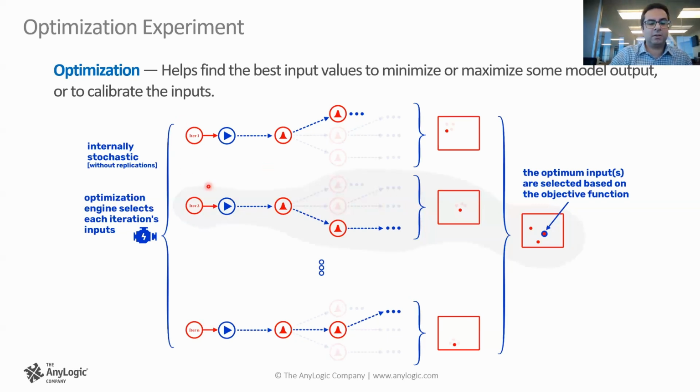So these are not going to be exhaustive. It's not going to try every single combination, because that's probably in most cases infeasible, and that's not what we want to do. So the whole purpose of this optimization engine is to be smart and choose these iterations or input parameters in a way that can find the optimum result in the lowest number of iterations.